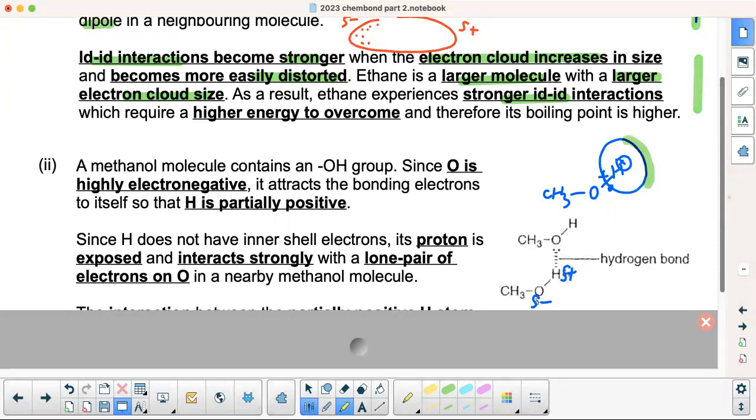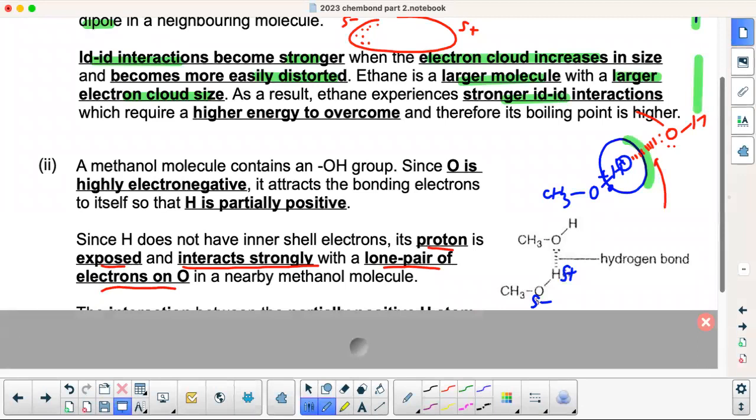Okay, so the lone pair of oxygen, like this one, O dot H, right? The lone pair on oxygen here can interact directly with the nucleus. Can you see that? So its proton is exposed and interacts strongly with the lone pair of electrons of oxygen in a nearby methanol molecule.